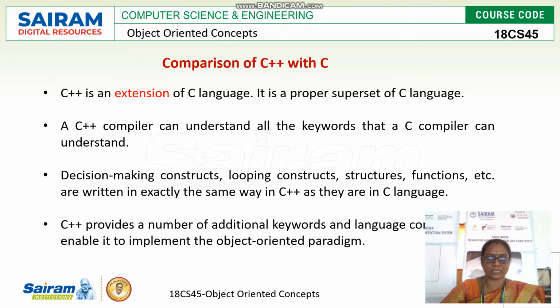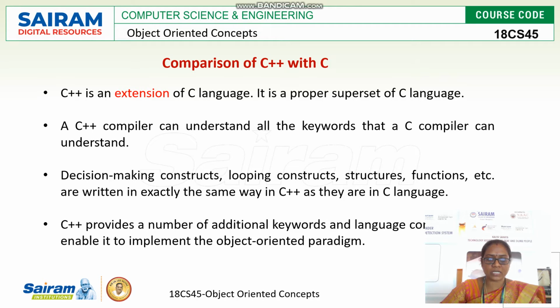Differences between C and C++: decision making constructs, looping constructs, structures, functions, etc. are written in exactly the same way in C++ as they are in C language. The do while loop and for loop, and similarly if conditions, while conditions, and break conditions are all the same in C++.